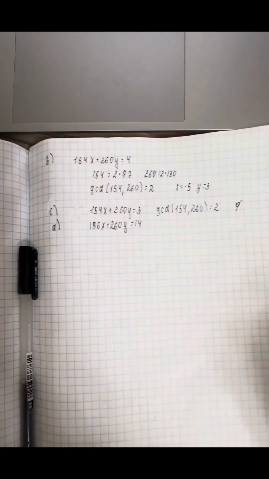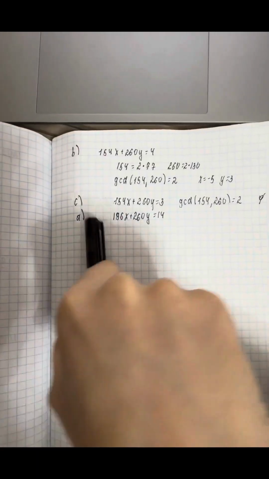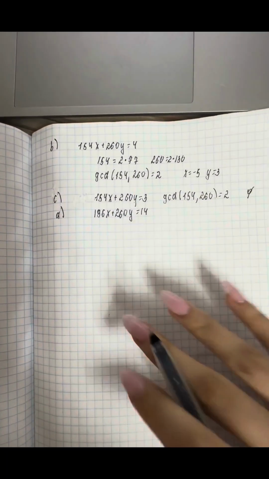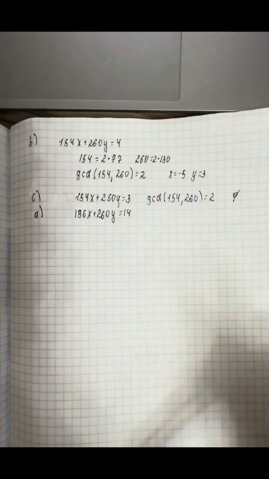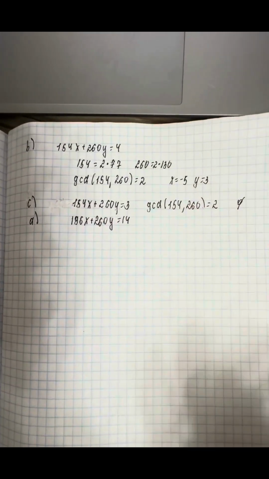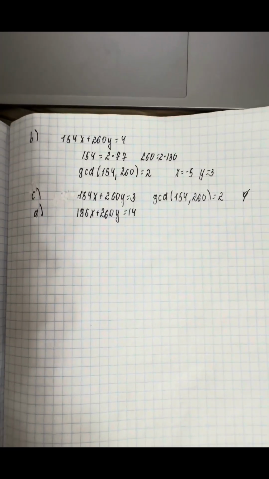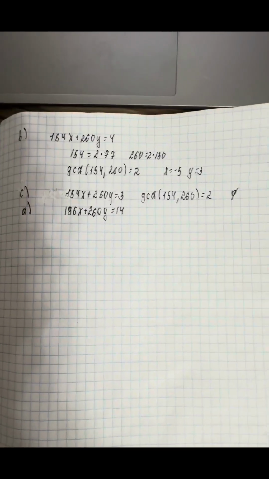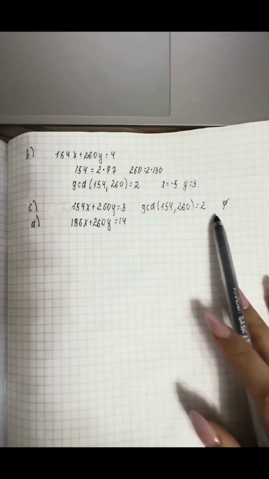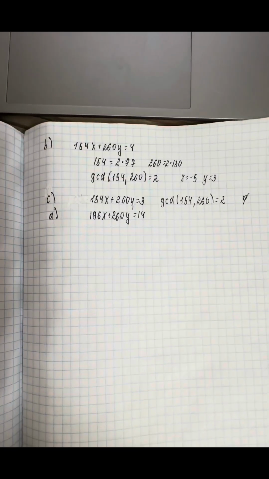We move to part C, and we have the equation 154x plus 260y equal to 3, and the coefficients are the same as part B, and the greatest common divisor is still 2. And we check that 2 divides 3, and it does not, and therefore no integer solution exists, and we don't have a solution.